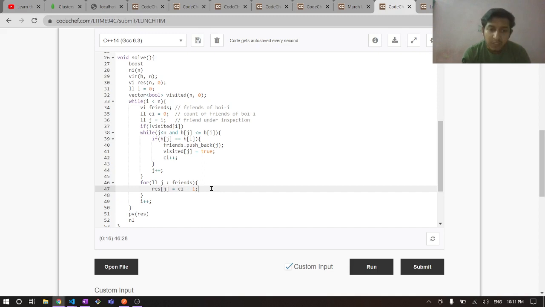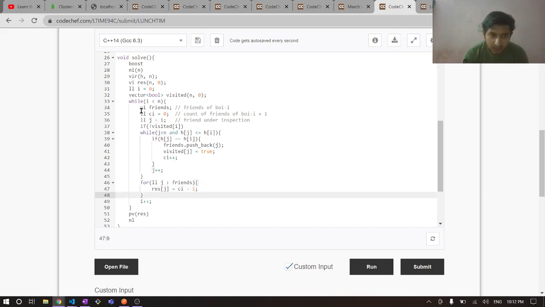You see what ci is? ci is the count of friends of boy i plus 1, because we are considering the boy i also. Because the student at i is also considered and all his friends are considered, the number of friends will be ci minus 1, and that is the number of friends of student at j. Simple.